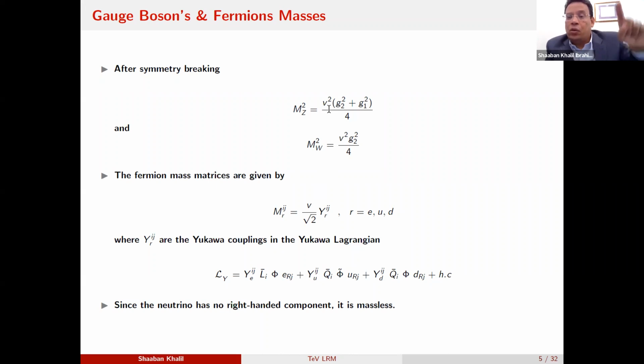If V equals 0 around the minima, when the mass term square is positive, the mass will be identically 0 and the symmetry will remain exact. The gauge symmetry will not be broken. It is broken only when we go to a non-vanishing VEV. And these are very nice relations for the masses of the gauge bosons.